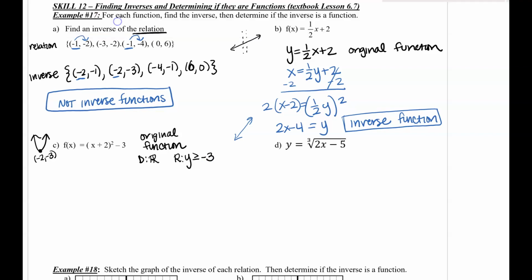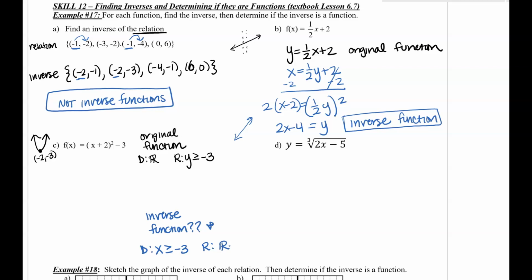Now, what I'm going to do is I'm going to write an inverse. I don't know if it's going to be a function yet. So this is something I have to figure out. And its domain should be x's are bigger than or equal to -3, and its range should be all real numbers. So that is because of the domain and the range in the original function.